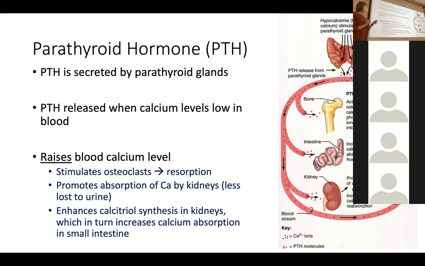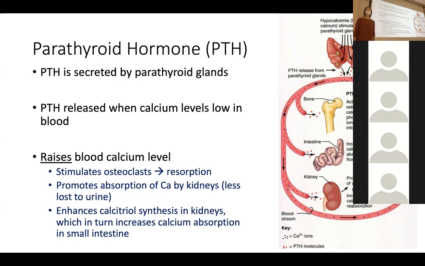It also promotes absorption of calcium by the kidneys. So similar to calcitriol, how it promotes absorption in the small intestine, PTH is going to promote absorption in the kidneys. So less calcium is lost through excretion in urine. So similar idea, just a different organ.